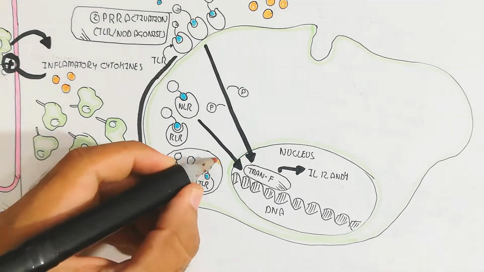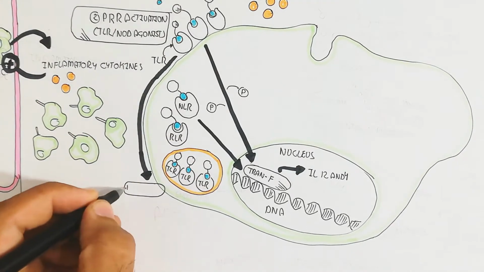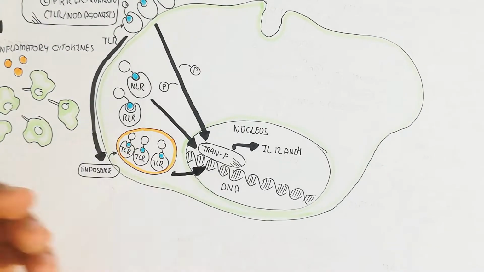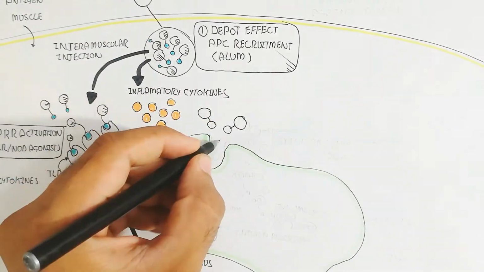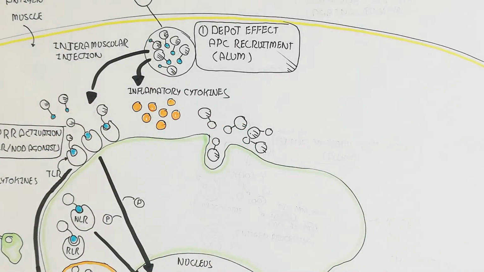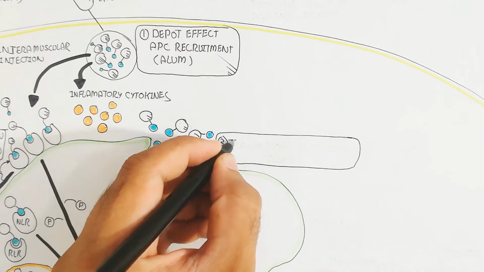After this, the toll-like receptor collectively forms an endosome, and after this endosome formation, the processing of the antigen will occur. This antigen is processed separately through the endoplasmic reticulum, and the antigen processing will lead to presenting the antigen through an MHC class 1 molecule.